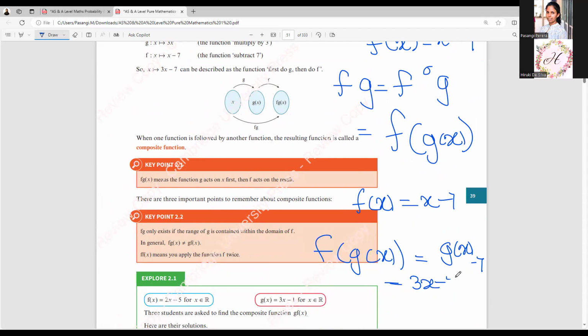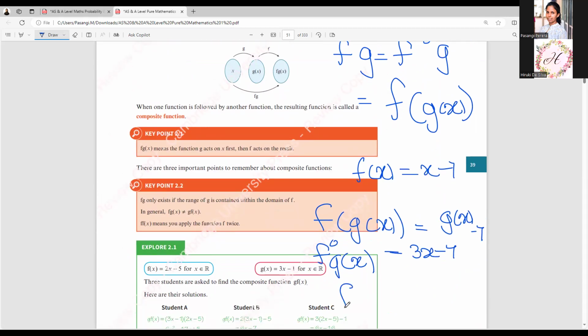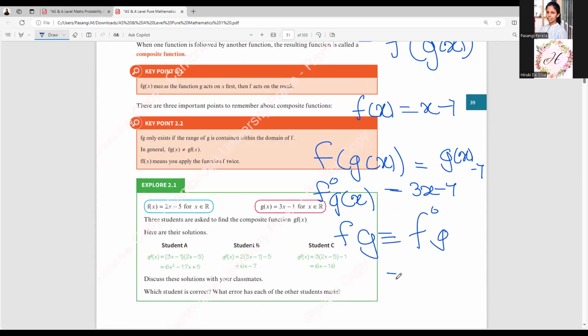Then the actual final composite function will be 3x minus 7. It's clear. That's what we call fg. There are three notations: one is fg, the other is f note g, and the other is function of gx.